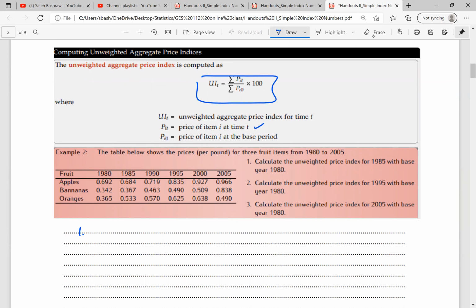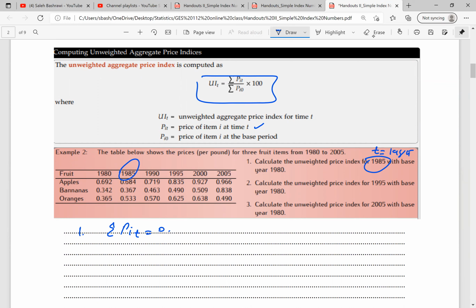I need to find the index of P_it, and the time given in the question is 1985, so t equals 1985. So for P_it, we look for 1985, and sigma means we need to add these prices: apples, bananas, and oranges.